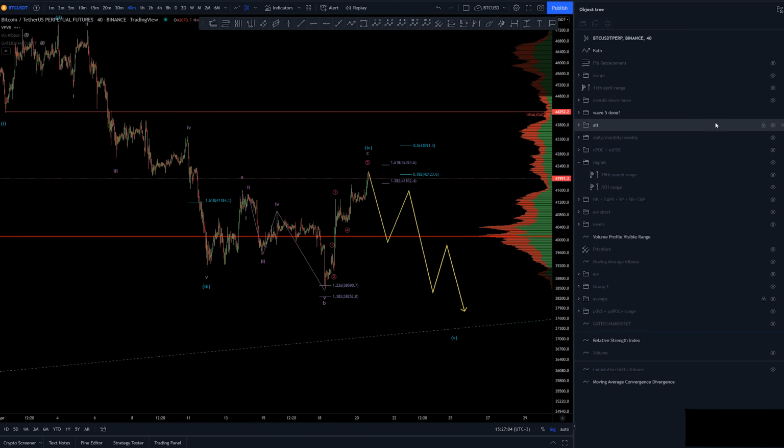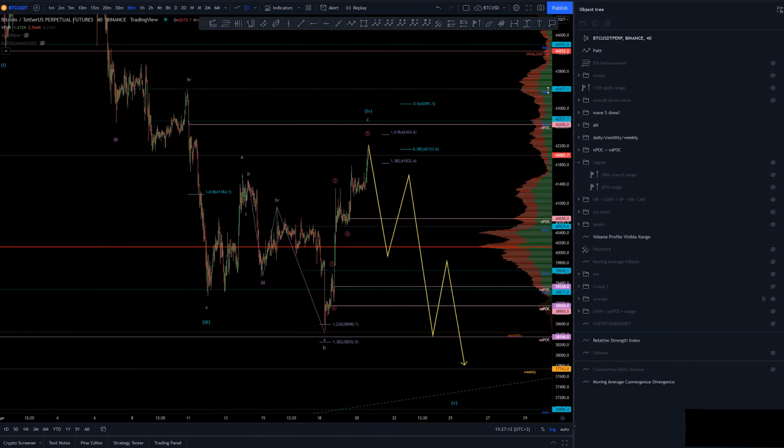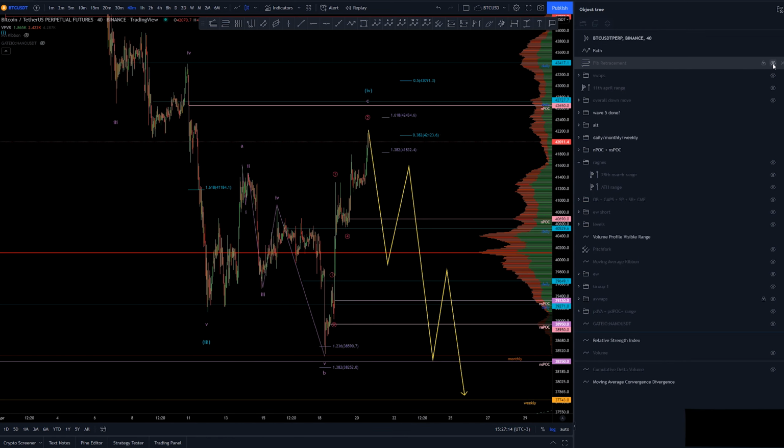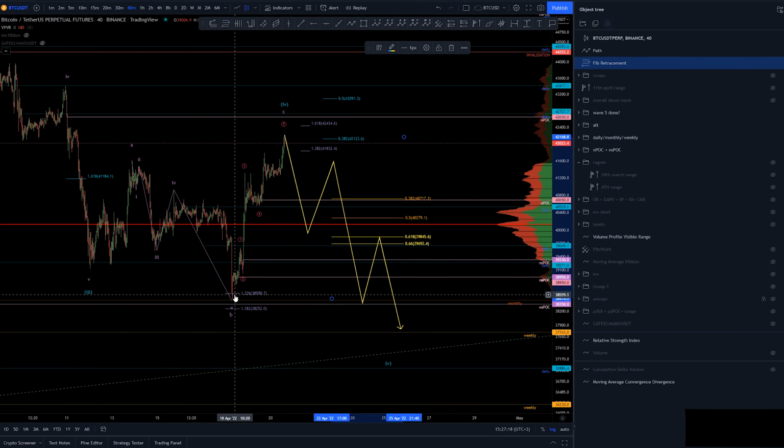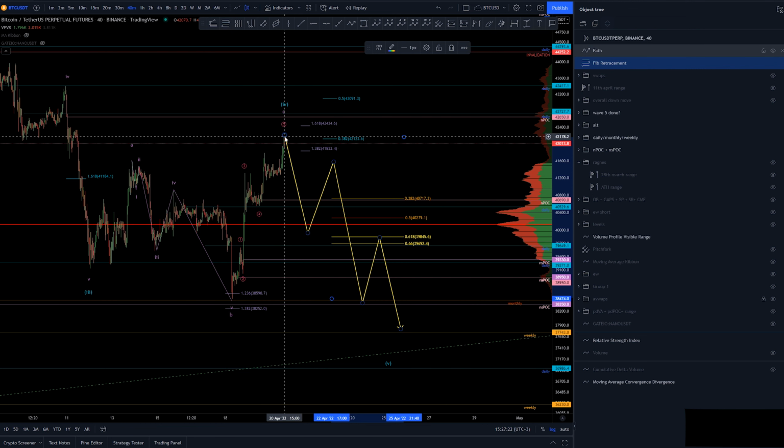Where could we be expecting a reversal if this starts to come down further? Let's pop down our horizontal ranges as well and our Fibonacci retracement. So this retracement is again from the lows here on the 18th to the highs of the 20th.